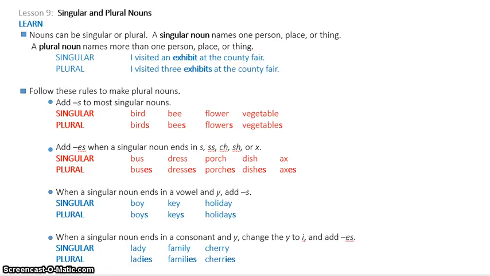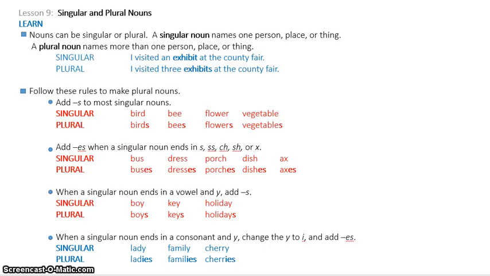Now the next rule, this is where I think it starts to get tricky. When a singular noun ends in a vowel, and remember, a vowel is A, E, I, O, and U, and a Y, add S. If I have the word boy, look at the Y on the end.